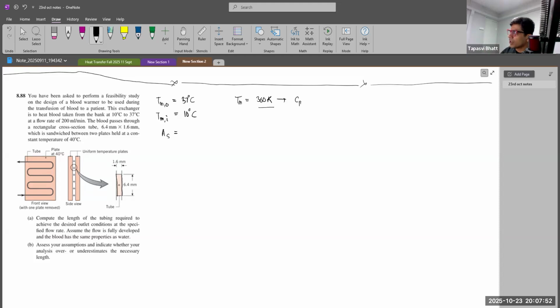So Cp is 4179, everything is in SI units. The density is 1 over vf, which is 997 kg per meter cubed. Then mu f and nu f is 8.58 times 10 to the power minus 7.